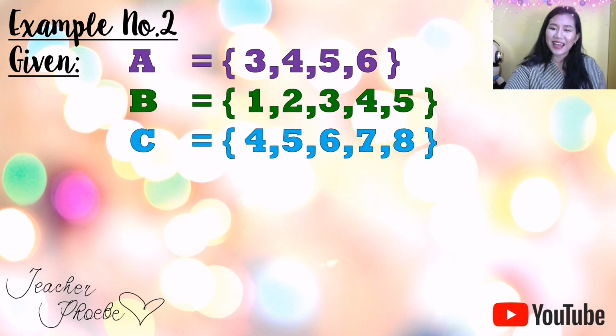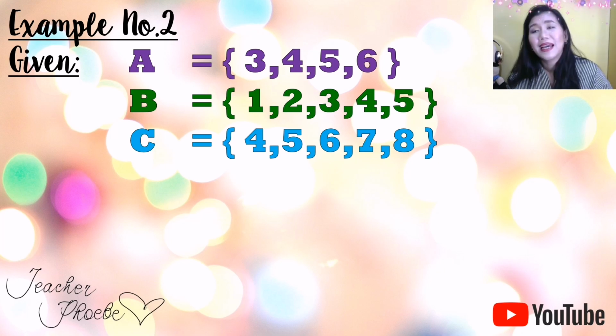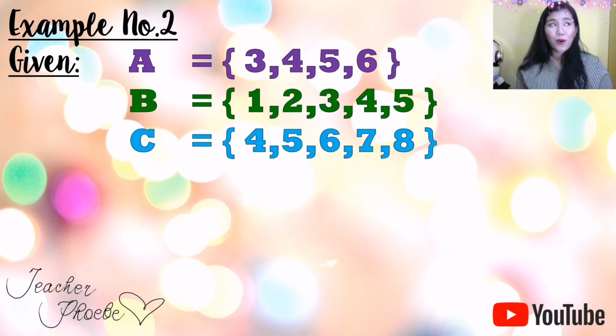And you have here a third set. Set C has the elements 4, 5, 6, 7. If you have 2 or 3 or more sets, you don't have to worry because getting the union is just simply listing down the elements of the sets that are being asked.